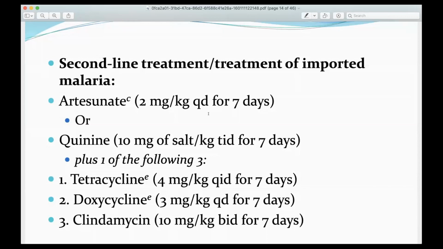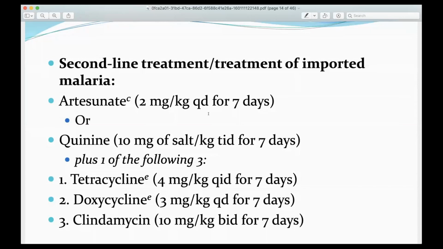So you have to remember, when you are prescribing chloroquine in a malaria patient, you do an ECG before starting chloroquine and measure the QT, and after 24 hours it is mandatory to do an ECG and again measure the QT.